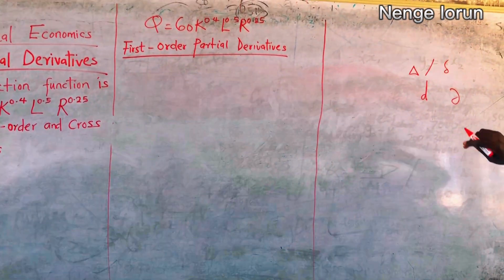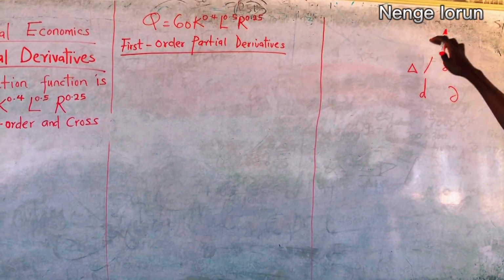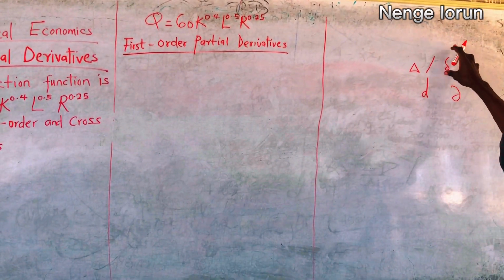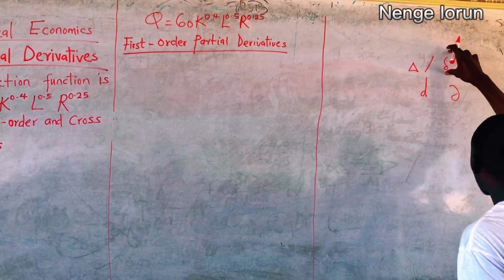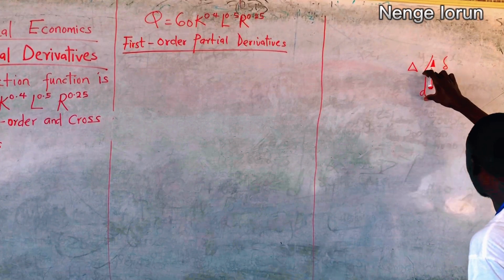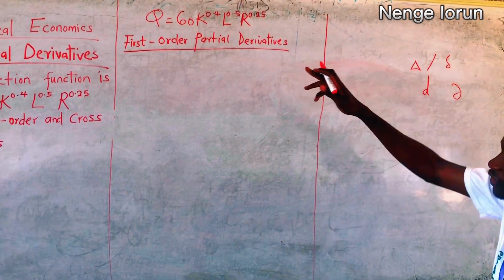So now, this one is a capital letter for delta, and this one is a small letter for delta, and when you take the limit of this delta, then you have this one called D. So this one is the cross partial that we shall be using to solve this question.